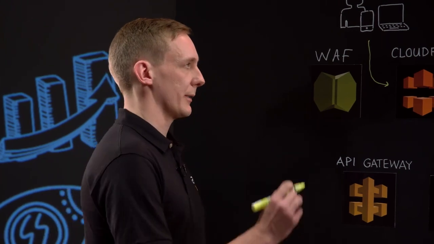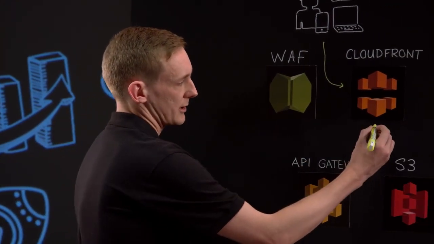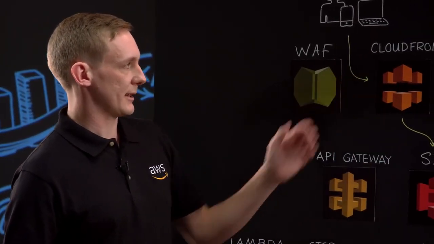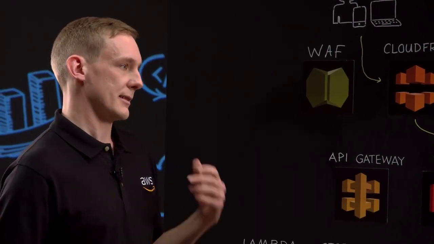So when a request comes in for /images, CloudFront uses rules which direct that request down to S3. The first time that image is retrieved, it comes back up into CloudFront and it can be cached there, so that any subsequent requests from other users will be served much quicker, because it doesn't have to come all the way back to the origin.